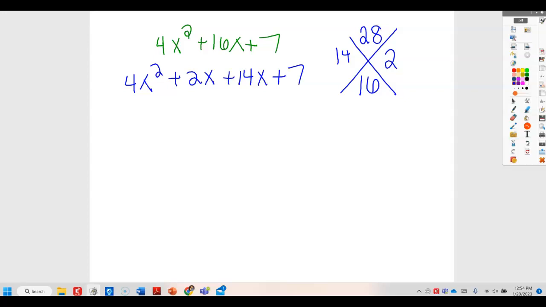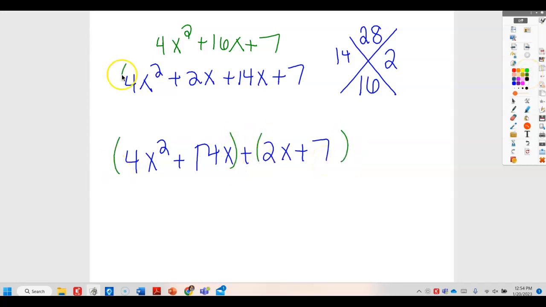It's just what you get left behind will change. So like if I did 2x first versus 14x first, when I group them, what I factor out one time will be what stays behind the other. So again, it doesn't matter. Your final answers will both work out the same.